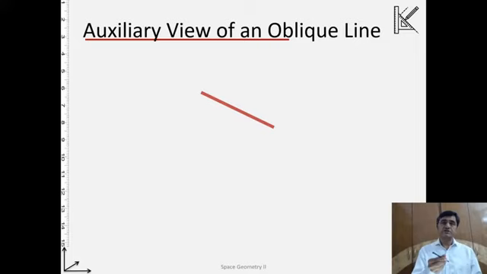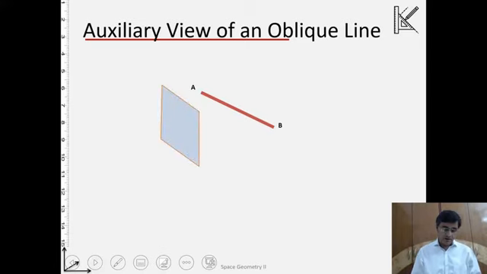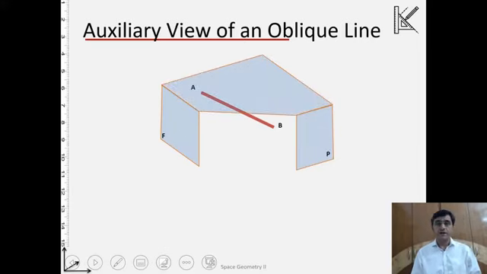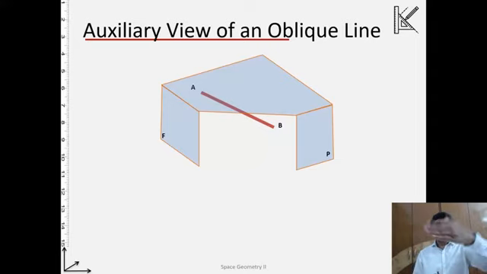Let the line be here. Again, visualize the frontal plane, the profile plane, and the horizontal plane. Always visualize those. Our idea is to find the plane which is parallel to this line. Now, for a given line AB, let this be the frontal plane, this the profile plane, and this the horizontal plane, and the line is somewhere here.